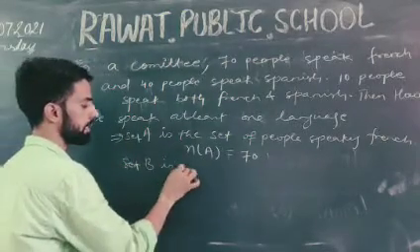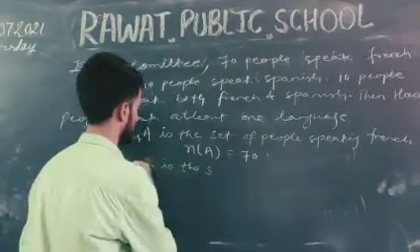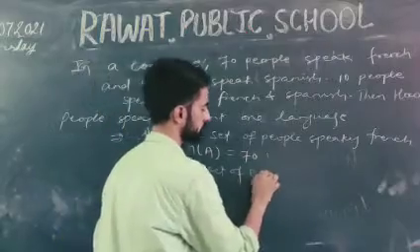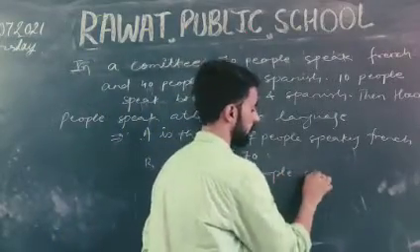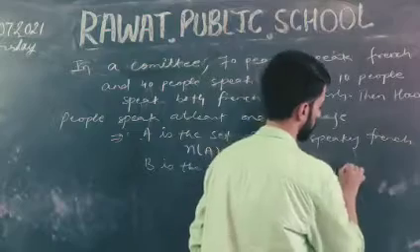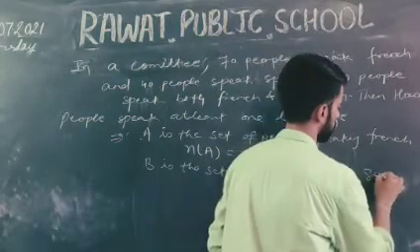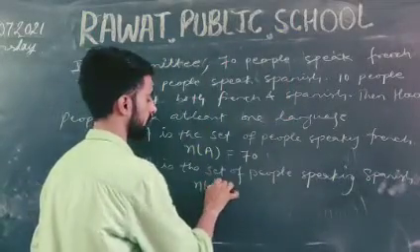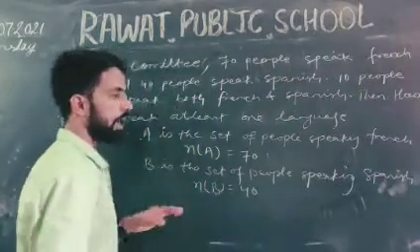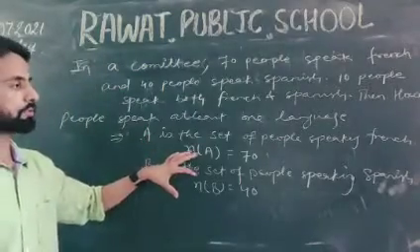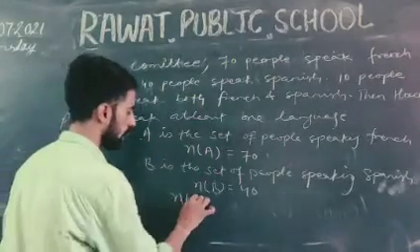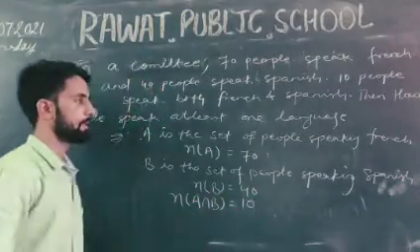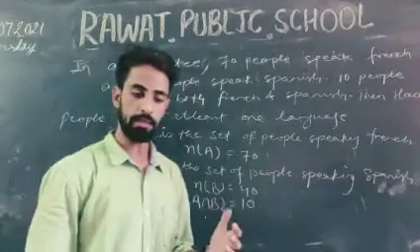And my set B is the set of people speaking Spanish, so the number of people speaking Spanish is 40. And the people who speak both Spanish and French are n(A intersection B), which is 10.